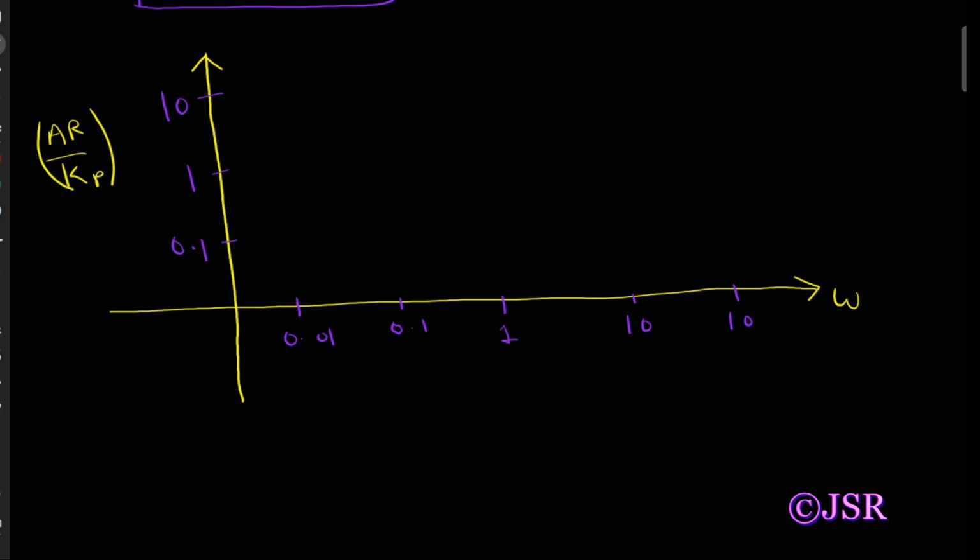So when omega is very low, omega tends to 0, it means AR upon KP equal to 1. So first we have to draw the low frequency asymptote, LFA, which will pass through AR upon KP equal to 1, right? The next is the high frequency asymptote when omega is very large.